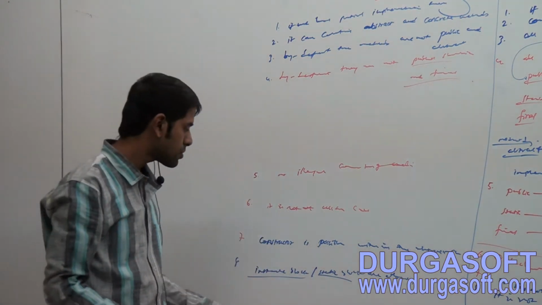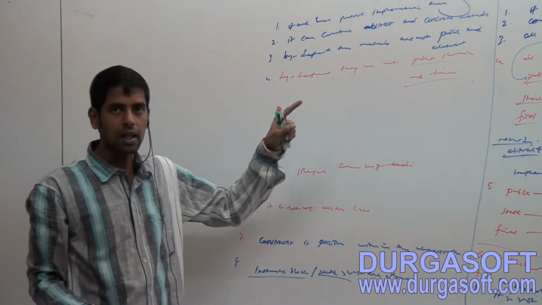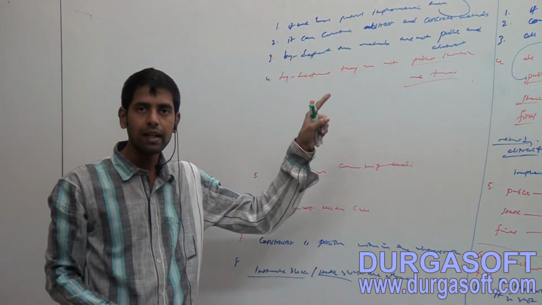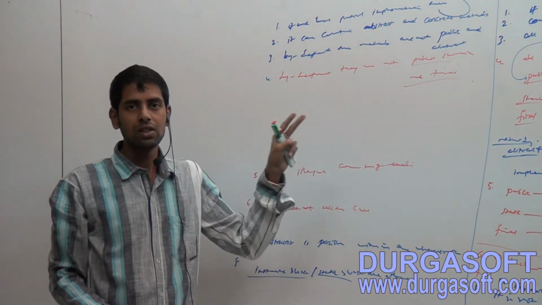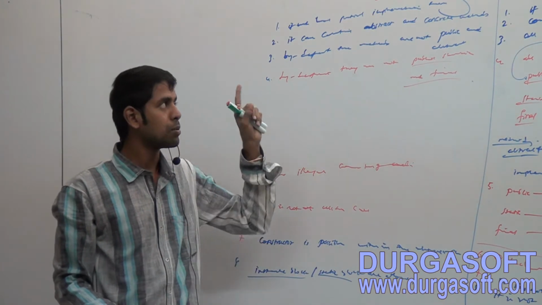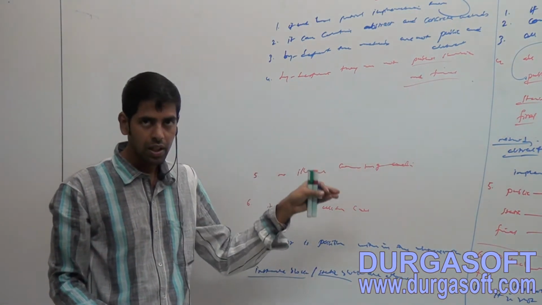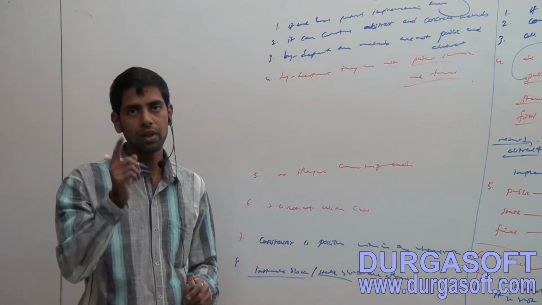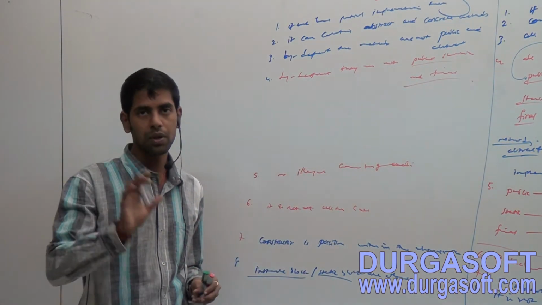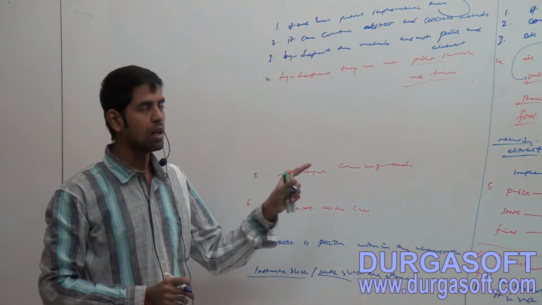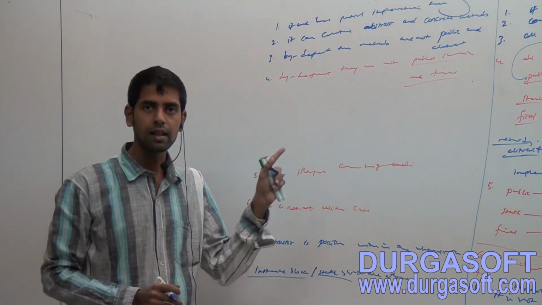So these are some eight differentiating points between abstract class and interface. Try to differentiate each and every point with an example, so that you can be very confident. This is our abstract class and interface.